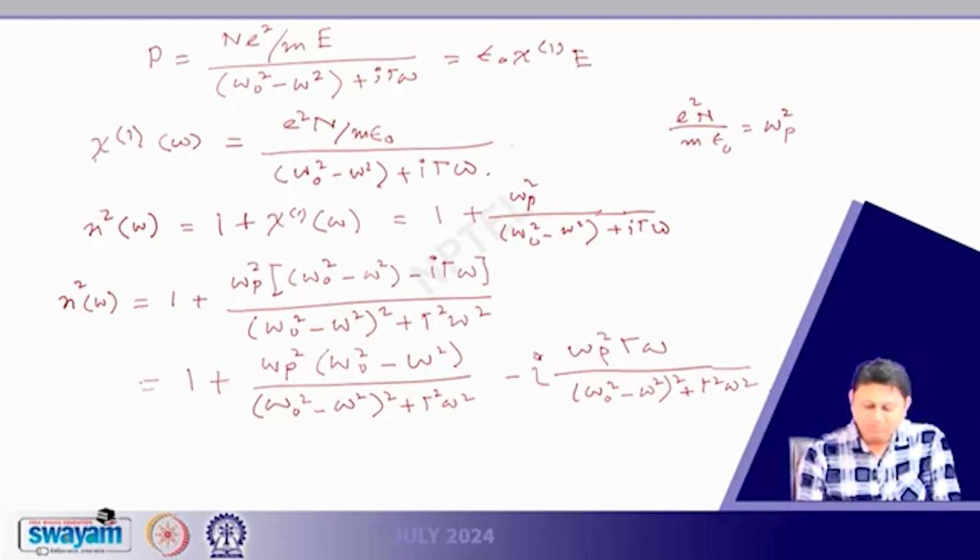So the point is we have a complex term, and you should know that this real part contains the refractive index, and the complex part that is coming in the refractive index is due to the absorption that we have.